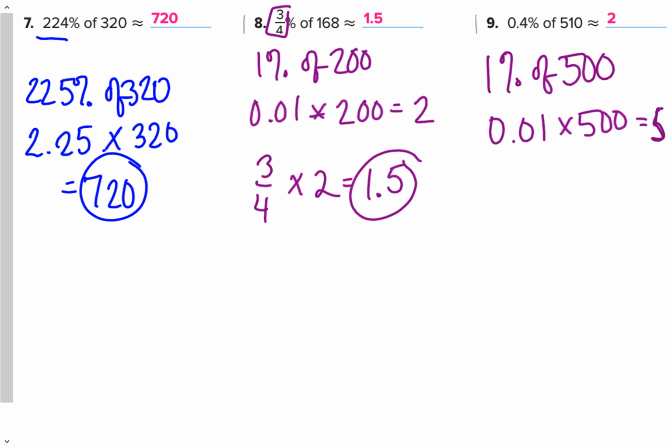Now that we have that, we have to take 0.4 and turn it into a fraction. 0.4 is 2/5. So 2/5 times 5 equaled 2. So by rounding it to the hundreds rather than just the tens place, it actually made the numbers a little cleaner to work with.